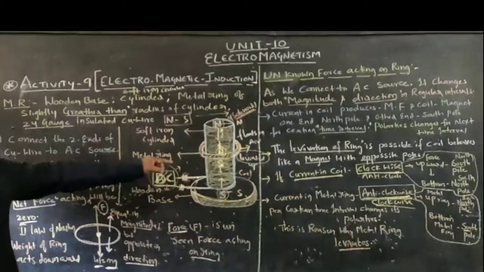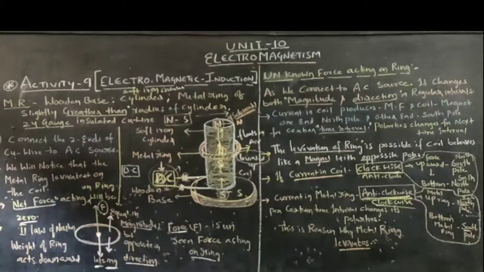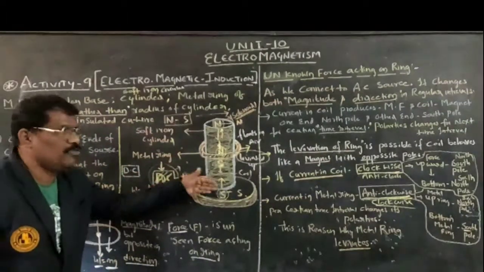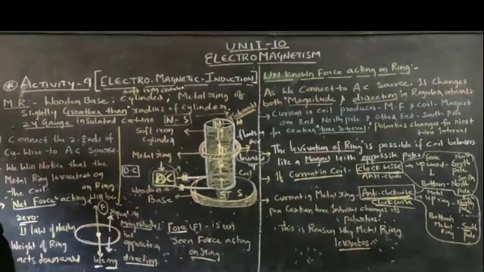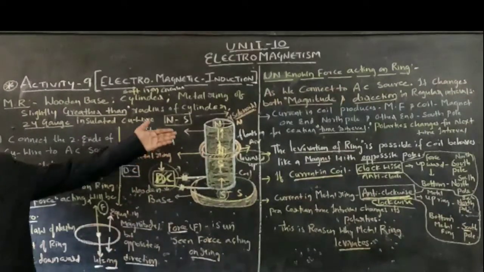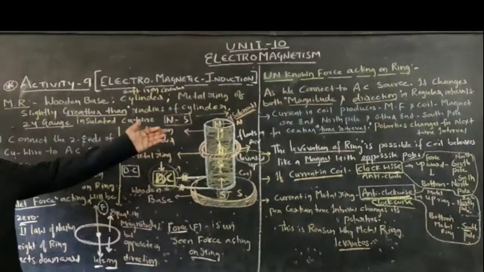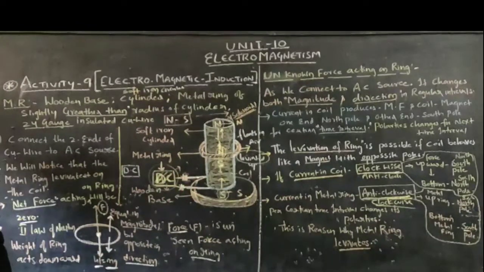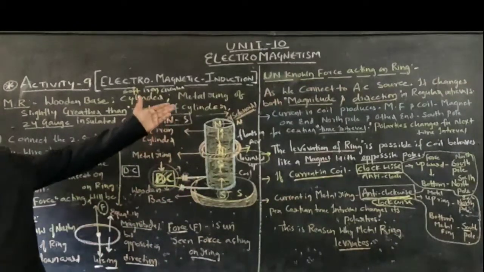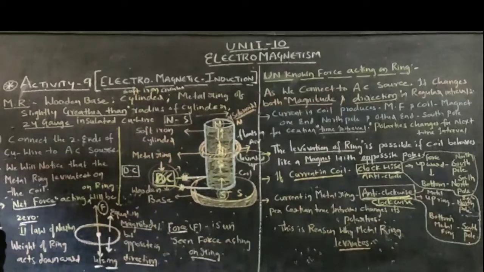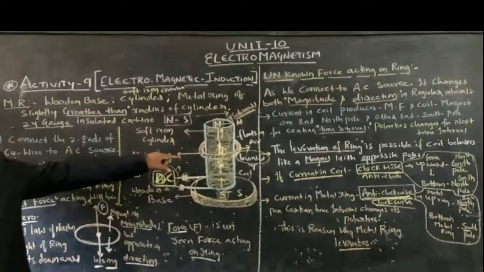If you allow current to flow, what happens there? The solenoid will behave like a bar magnet. It has certain polarities, north pole as well as south pole, and there is no change in magnetic flux.